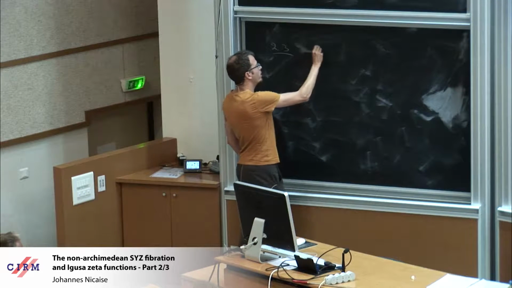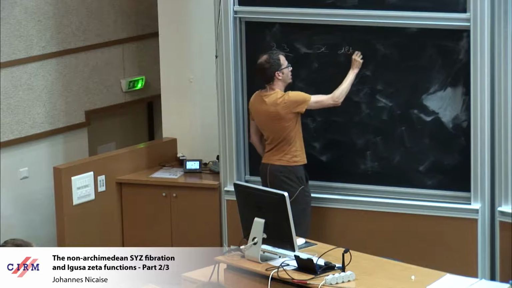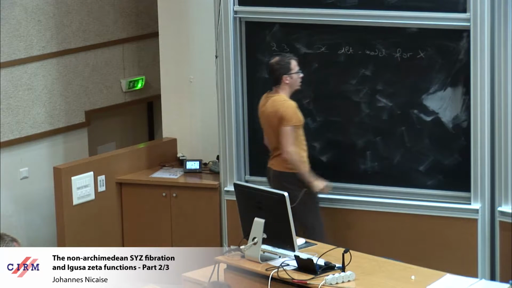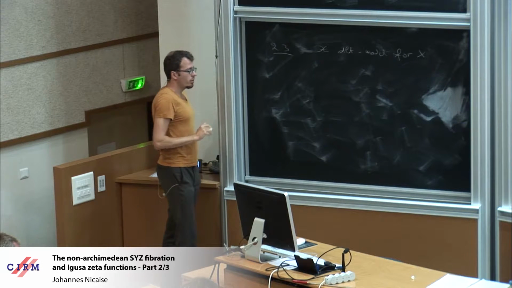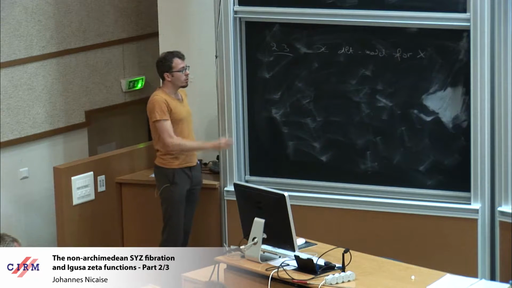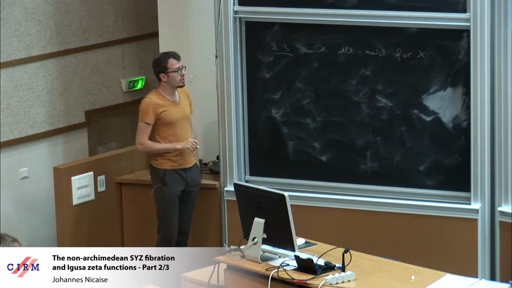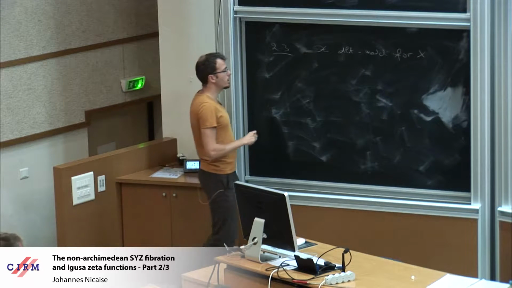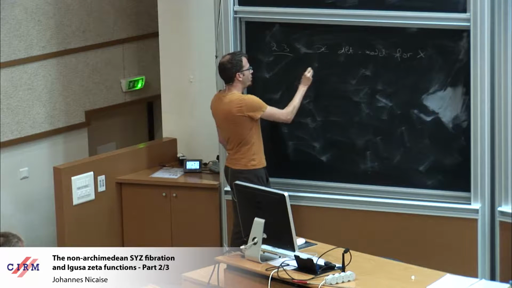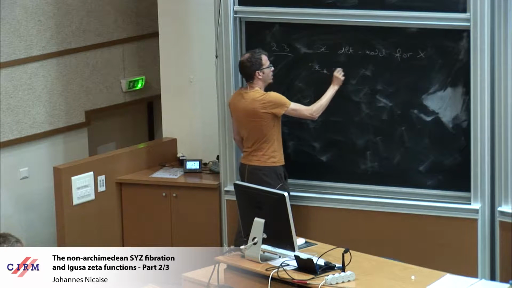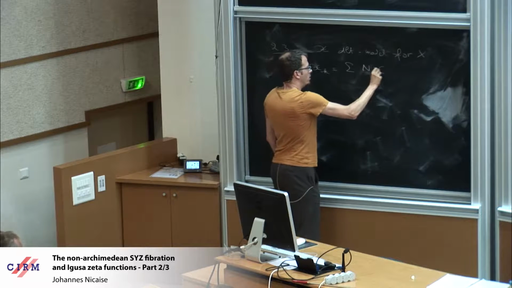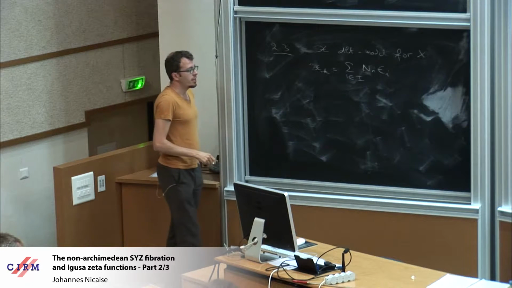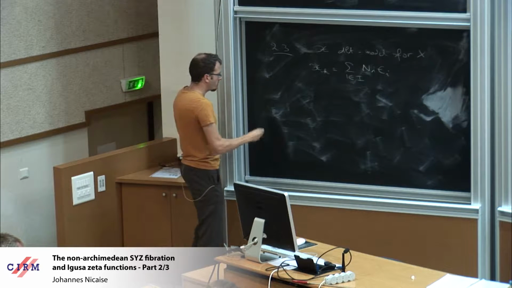So suppose that curly X is a DLT model for X. And again, if you don't feel entirely comfortable with DLT models at this point, you can just think of it as a strict normal crossings model without too much loss of generality. And I write the special fiber as a sum of N_i E_i, where the E_i are the prime components and the N_i's are their multiplicities.